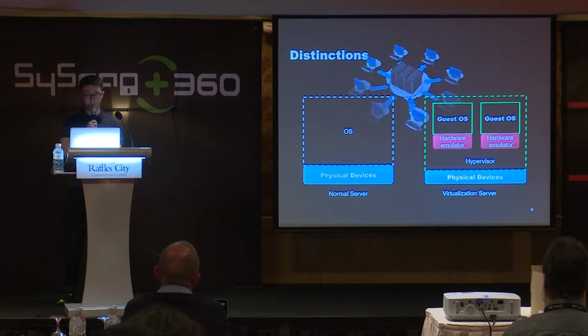Servers applied with virtualization technology are completely different from common servers. One or more virtual machines can operate in the virtualization servers, and all these virtual machines can work independently.